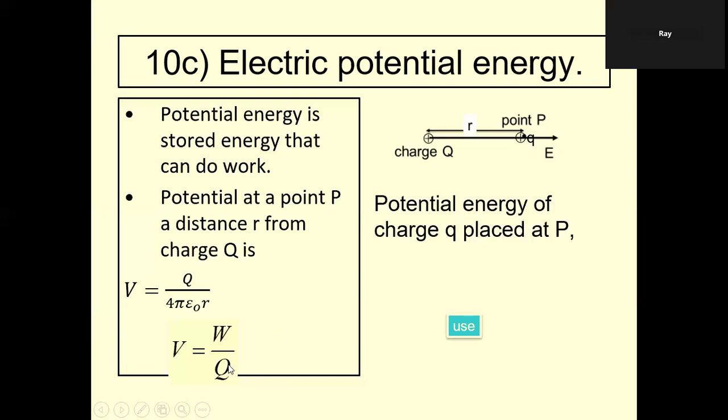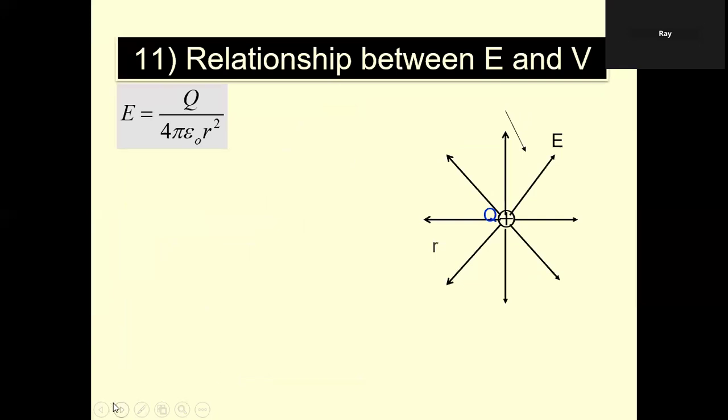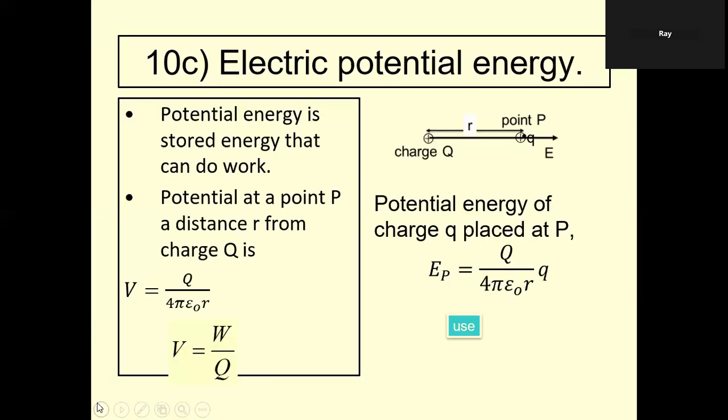So just cross multiply, potential difference, this is the work done. The potential energy of a charge Q placed at P, we place a test charge Q there, so it becomes this potential times Q. It's given in the data sheet now to use it. Okay or not?